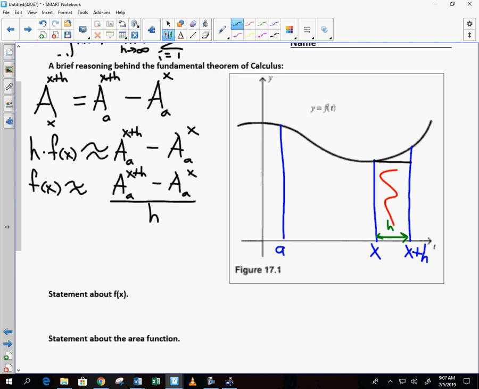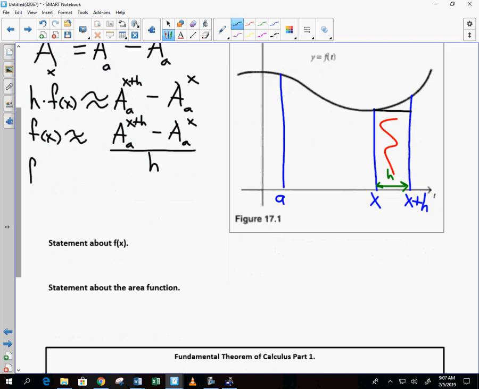Yeah. So how do we make something go to 0? We use a limit. So all of a sudden we could say the function is equal to the limit as h goes to 0 of the area from a to x plus h minus the area from a to x, all over h.